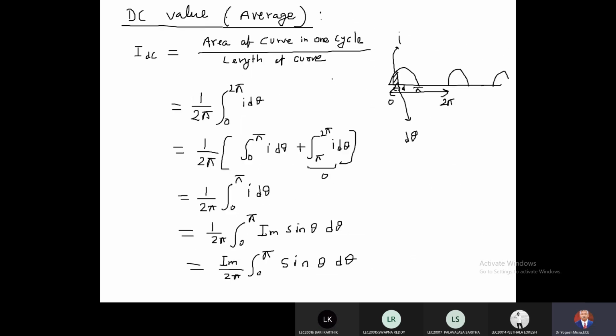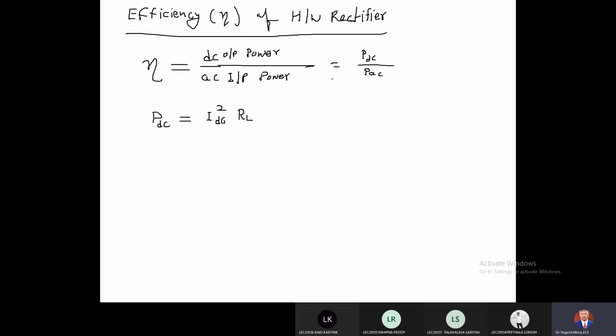And input power PAC is given by I RMS square multiplied by resistance. And what is the resistance? Resistance is load resistance plus the resistance of the forward diode.